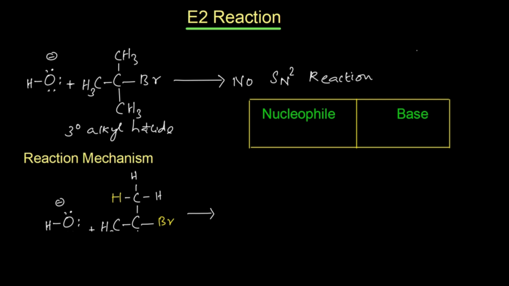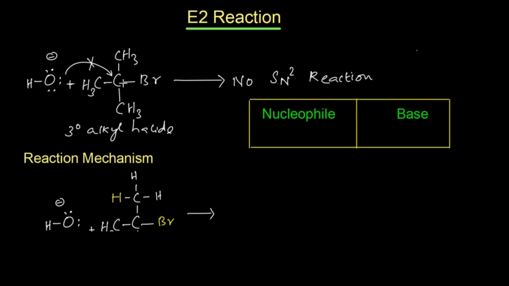You see here, a tertiary alkyl halide is given, and this is the nucleophile. Here this nucleophile cannot attack this carbon because this tertiary alkyl halide is highly sterically hindered.